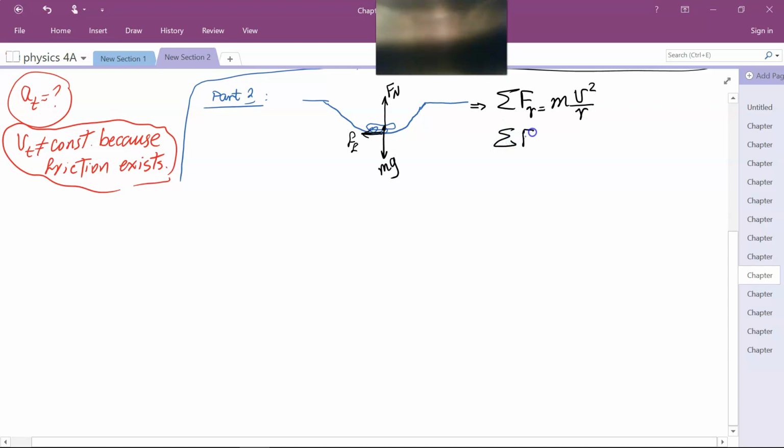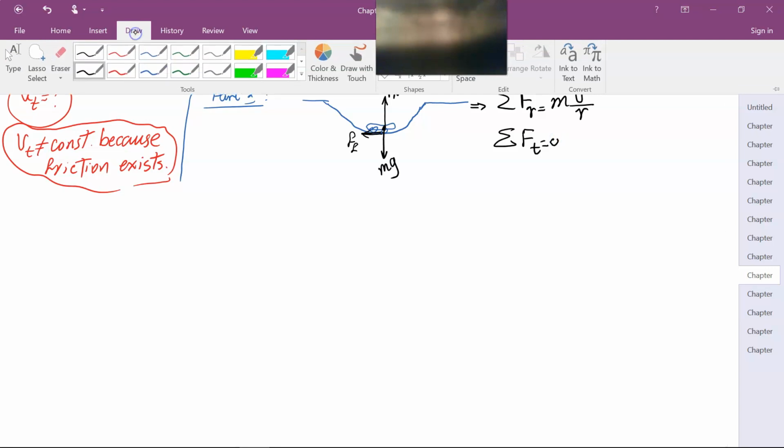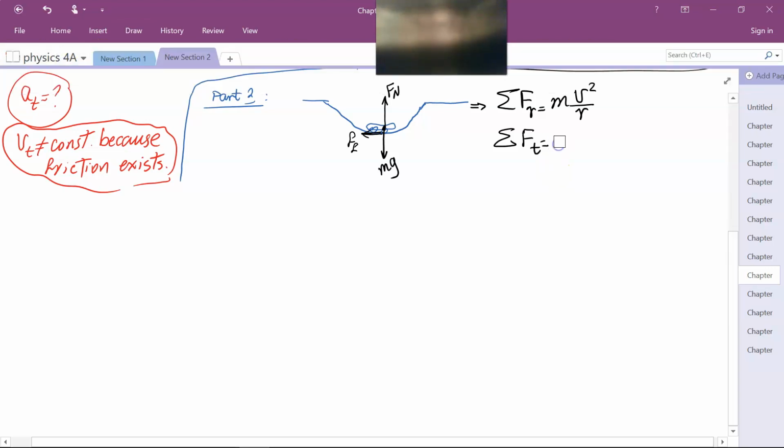Sigma F on the t-axis is not 0, sorry, it's m a_t. And sigma F on the z-axis is 0.